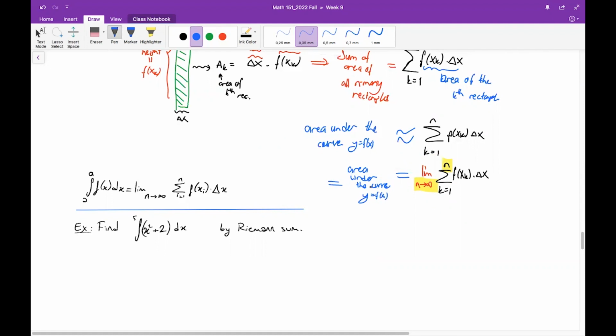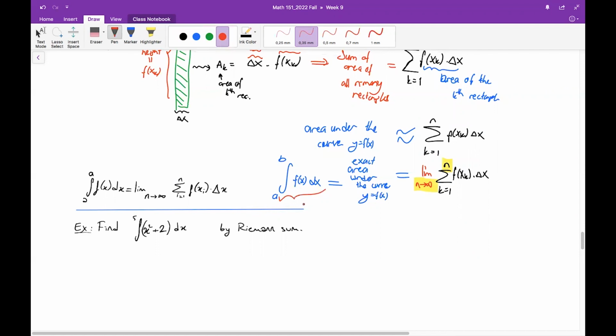And this exact area is denoted by the definite integral notation like this. So the exact area under the curve y equals f of x is denoted by this notation. Okay, in the upcoming weeks, we will understand what this notation means in more and more detail, but for now, it is just a notation for the exact area under the curve for us.